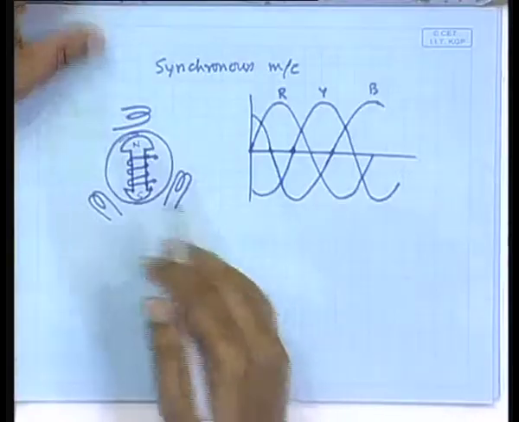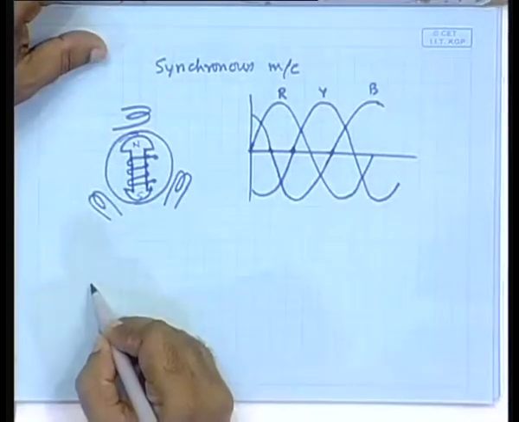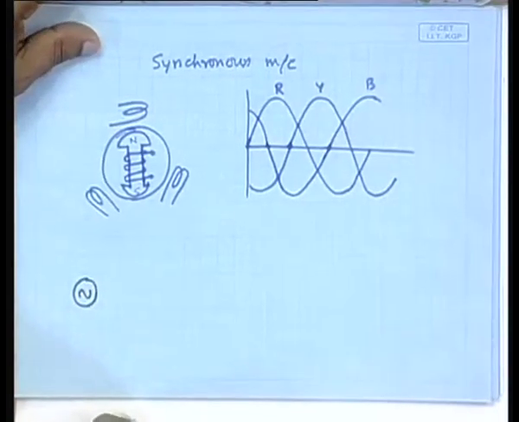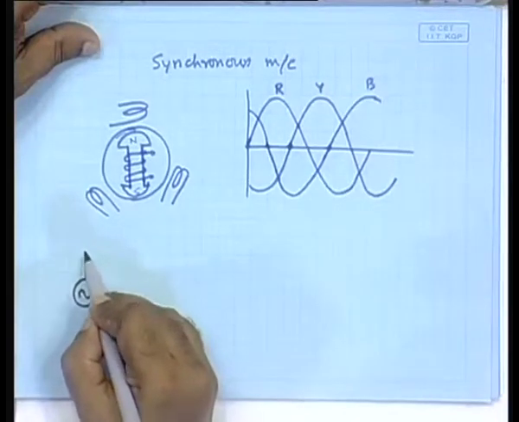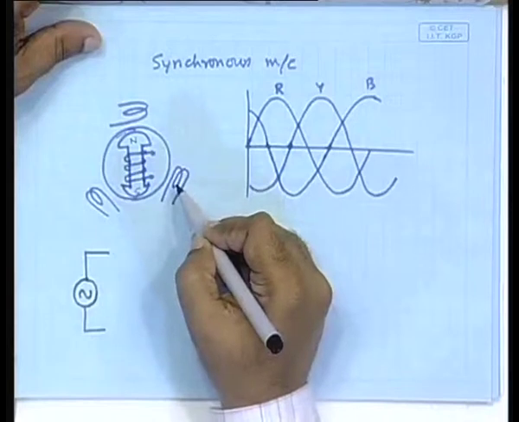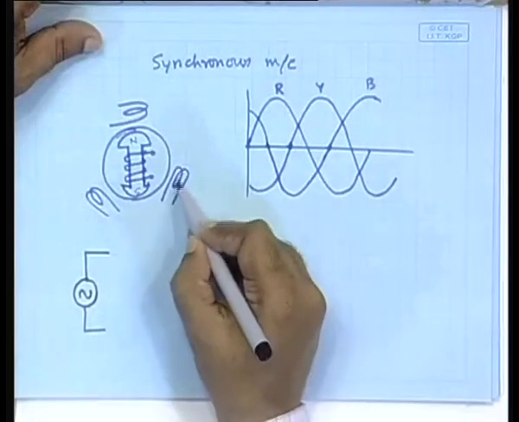So, if you just schematically draw the circuit diagram, it will be a sinusoidal voltage source. Invariably, when the current flows, you have connected some kind of a load to these windings.